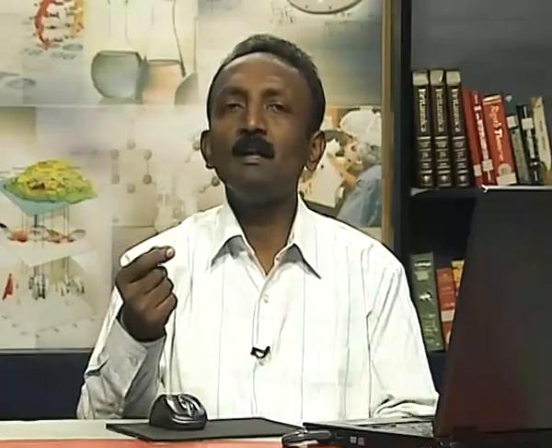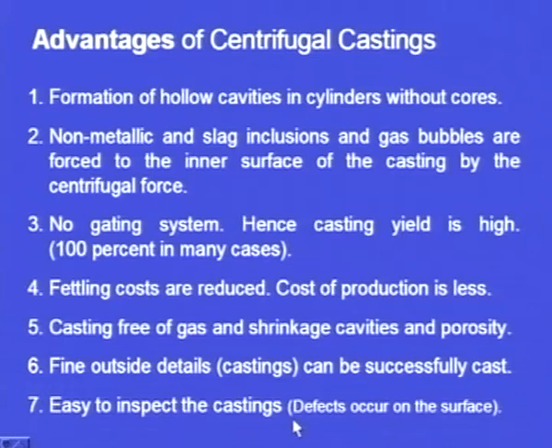Because of the centrifugal force, the molten metal goes and occupies even the small cavities. So, fine details can be successfully cast, and finally it is easy to inspect the castings, because most of the defects occur on the inner surface. So, it is easy to inspect the castings.